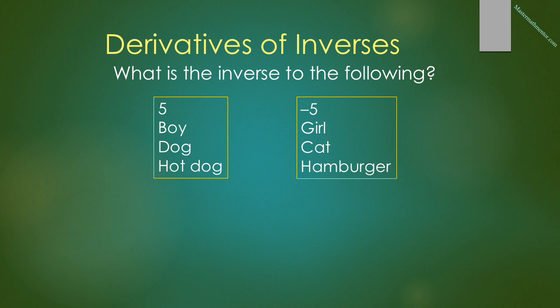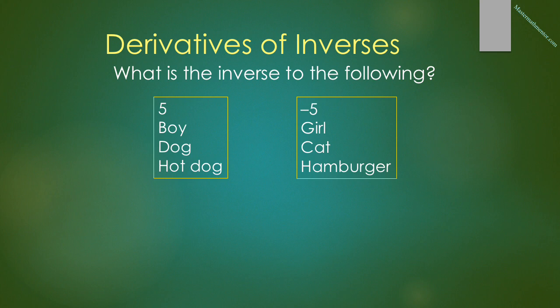What do we really mean when we talk about an inverse? Most students think of an inverse as the opposite. Now, I might go along with the opposite of 5 is -5, and the opposite of a boy is a girl. But the opposite of a dog is a cat? And the opposite of a hot dog is a hamburger?